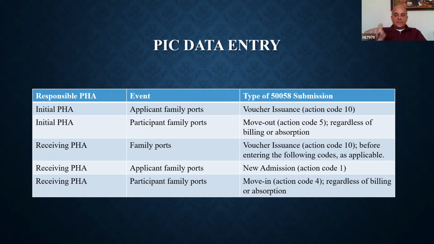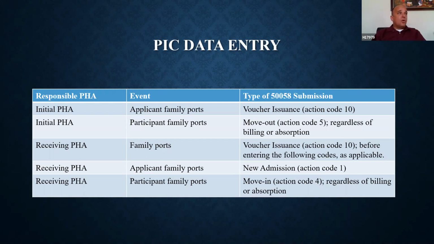There is one specific circumstance in which this process gets changed around. If you have a non-resident family that had an application on file at least 12 months prior to application, and lived in that initial PHA's jurisdiction for at least 12 months, that family has the right to port right off the bat, okay?